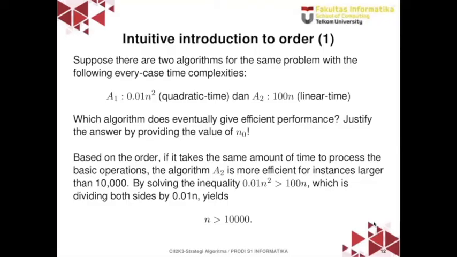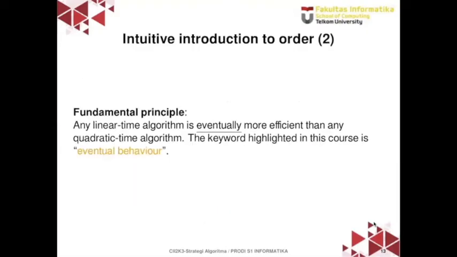By solving the inequality, dividing both sides by 0.01 n, we get n larger than 10,000. So from the previous example, we can conclude that any linear time algorithm is eventually more efficient than any quadratic time algorithm. The keyword highlighted in this course is eventual behavior.